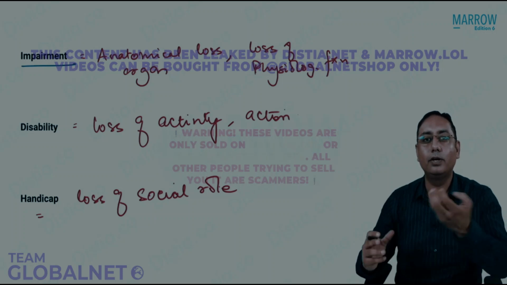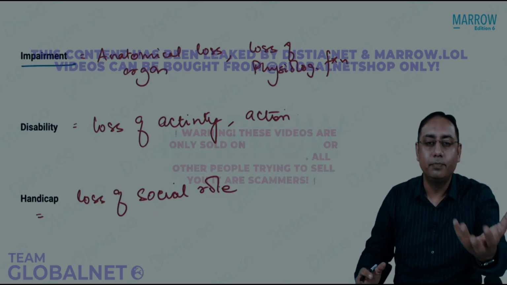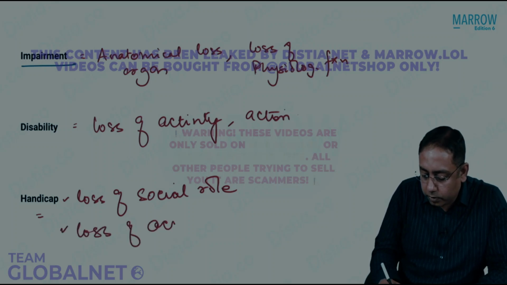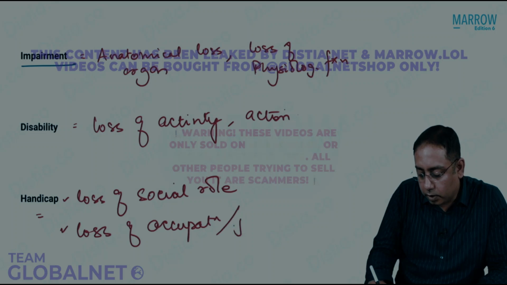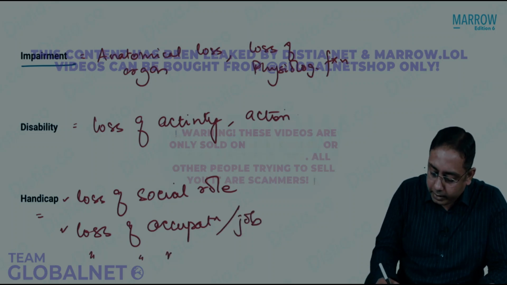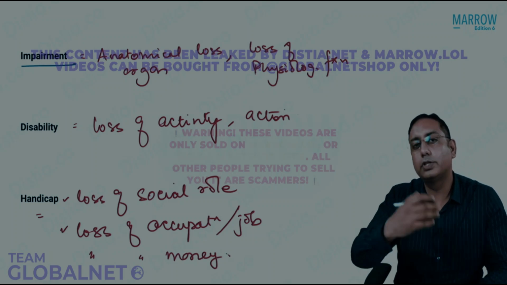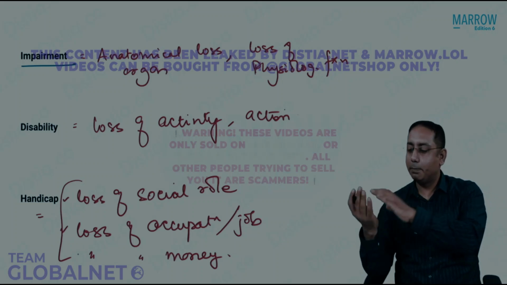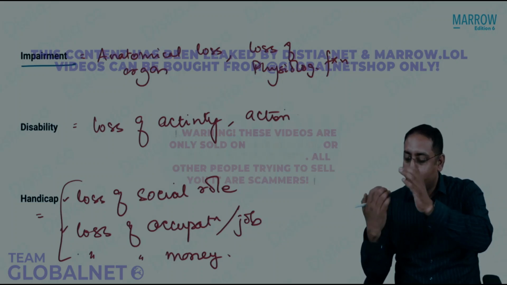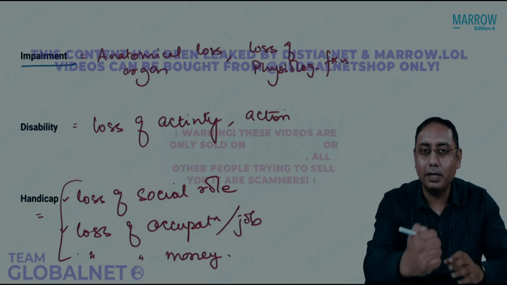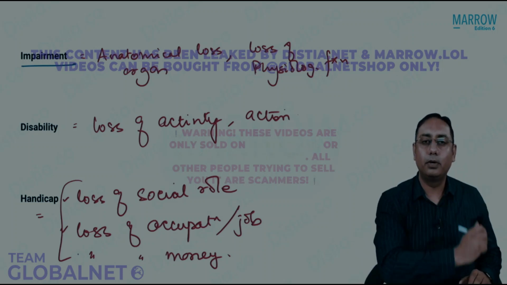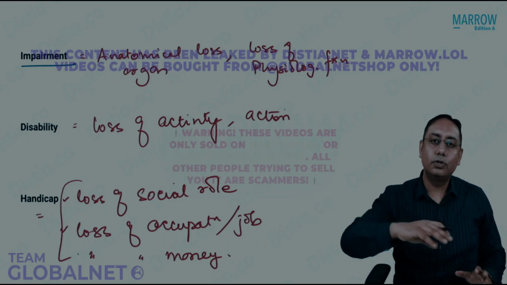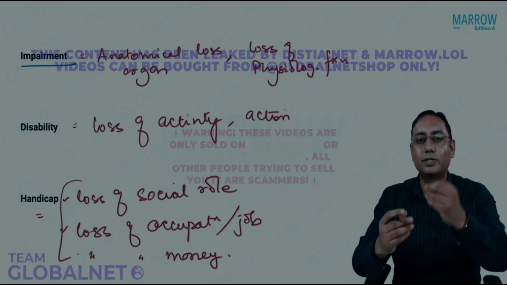He's not able to provide his society the role he wanted. So loss of social role or loss of occupation or loss of job, loss of money in terms of the occupation loss or the job loss, that is all called as handicap. So if a person has some impairment, loss of fingers, that is impairment. Because of finger impaired, he could not write, disability. Because of disability, he could not become a doctor, he could not join army, or he could not fly a plane, that is handicap.